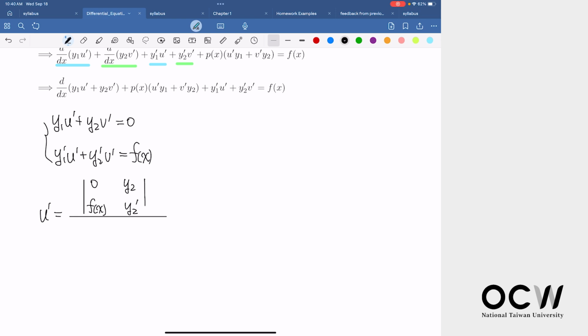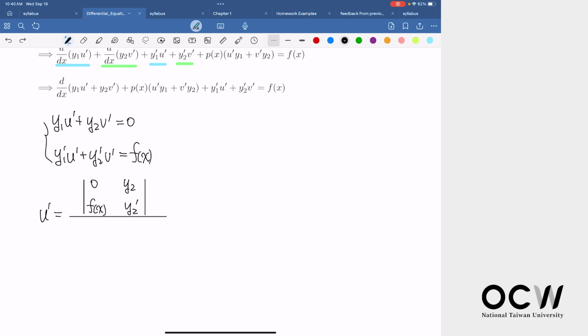So the numerator, for the first column, you use the right hand side coefficients 0 and f of x. And the second column, you get the coefficient from v prime.